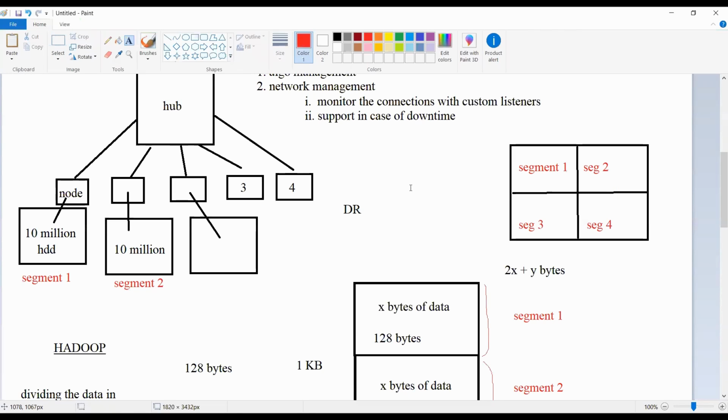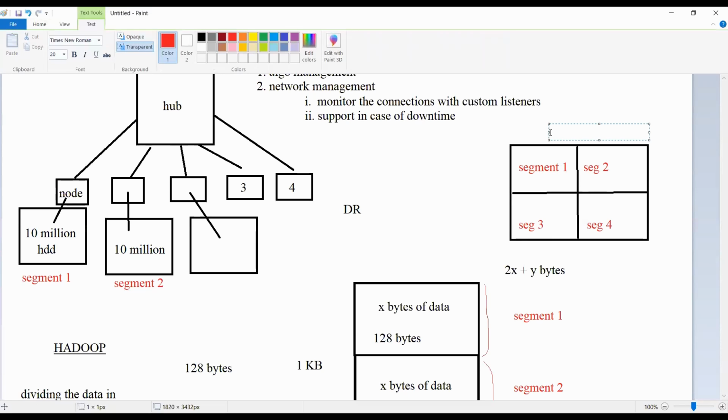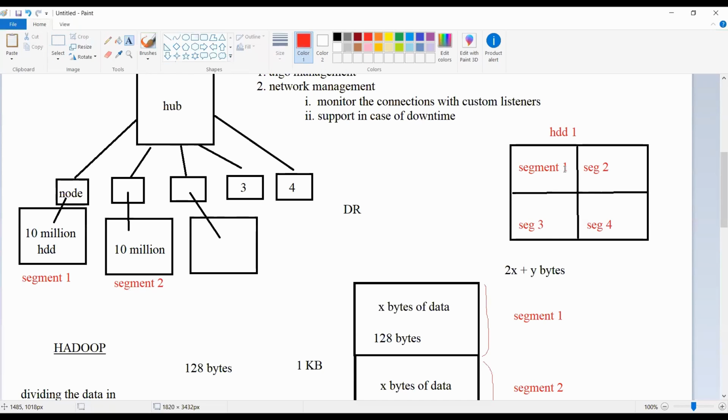So these segments are kept in hard disk 1, which is present with node 1. Now, when node 1 is operating, it is operating only on segment 1 and not on segments 2, 3, and 4. Node 2 is operating only on segment 2 and not on the other ones. Node 3 is operating similarly.